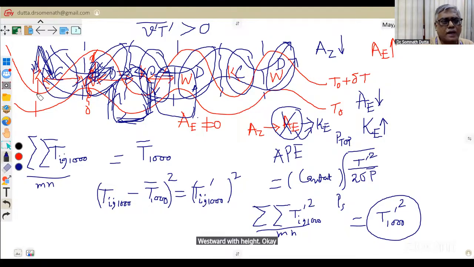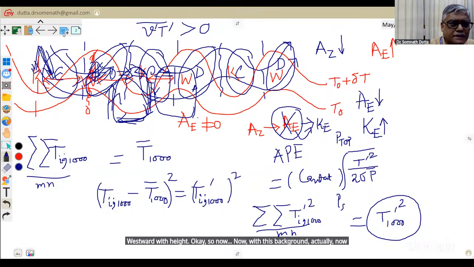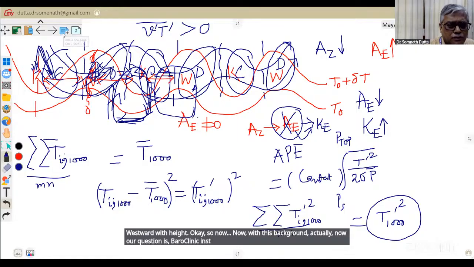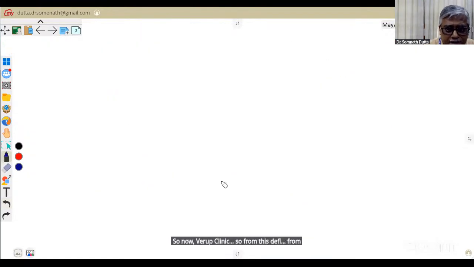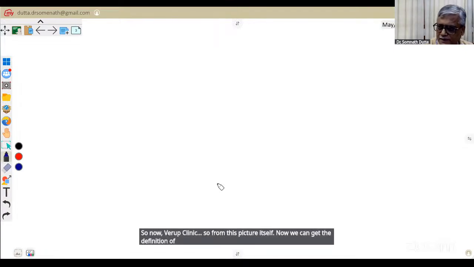Okay, so now with this background, our question today is baroclinic instability. So from this picture itself, now we can get the definition of baroclinic instability.